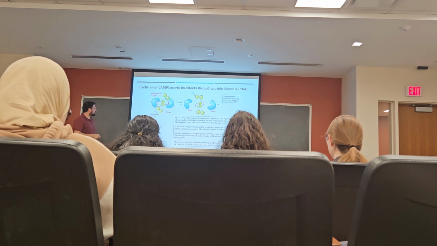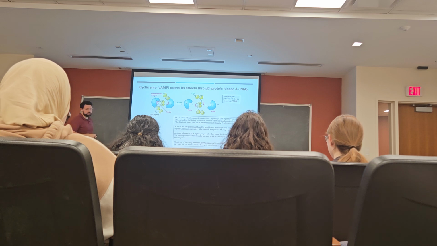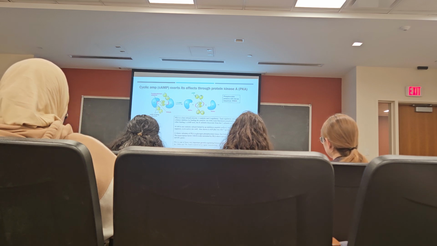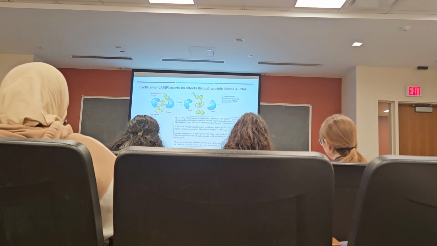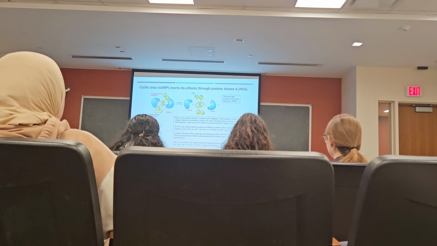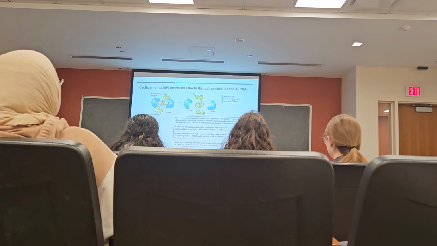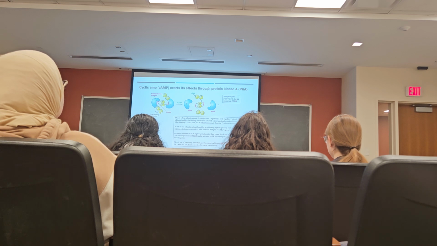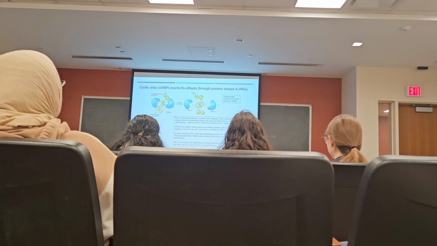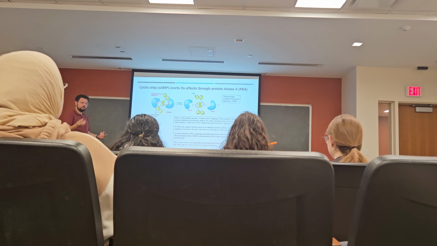The regulatory subunits have what we call a pseudo-substrate sequence. Okay, well, what does this mean? Well, any kinase is going to have a consensus sequence. That is, a kinase phosphorylates a protein, but where does a specific kinase phosphorylate a specific protein? Well, it looks for a certain sequence of amino acids in that protein that it can attach to and then transfer the phosphorylated ATP onto that target protein.